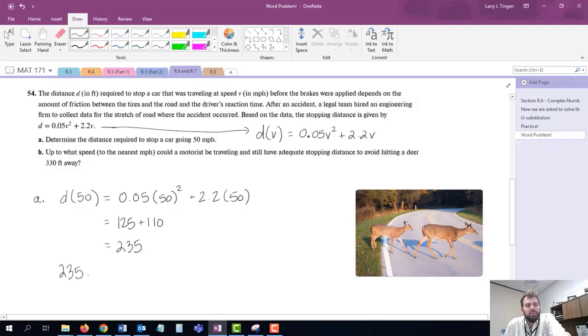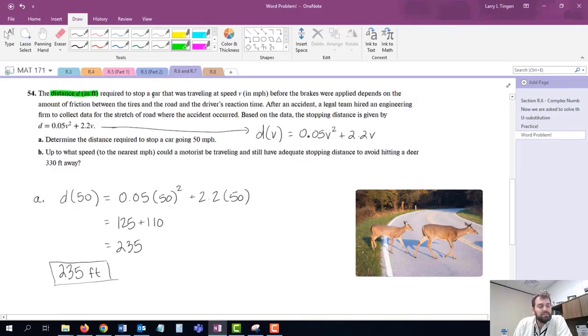What were we traveling in? What was our velocity? Our velocity is in miles per hour and our distance is in feet. All right, so it's feet. Even though the velocity was given to us in miles per hour, the distance is given in feet, and that is just from the problem.